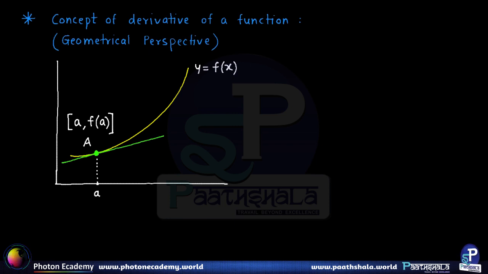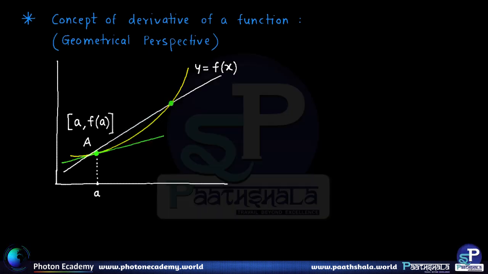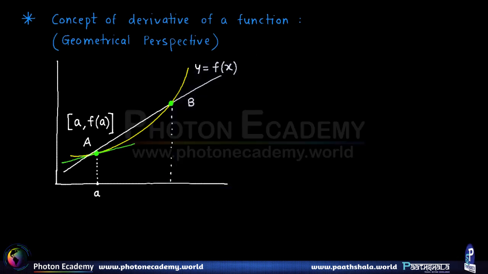Now, in order to find the slope of this particular tangent, what we do is start off with a crude approximation. That is, we consider some point far away. That is, let's consider this particular point, let's call it point B. And this particular point B is situated at some distance away from A. So if we drop a perpendicular on the x-axis, let's call its x coordinate, say, a plus h.